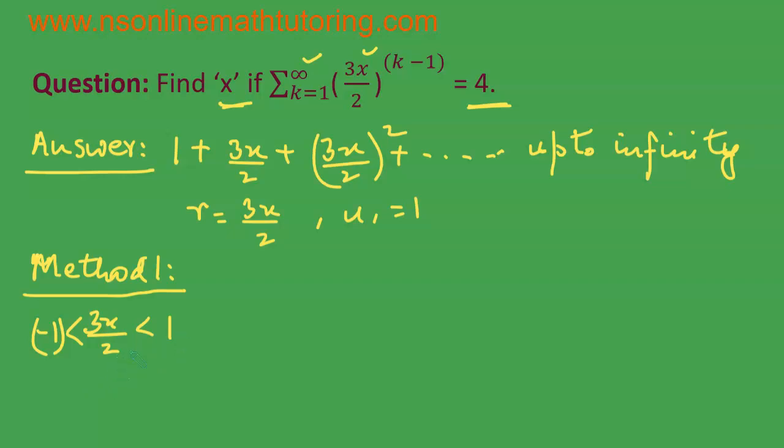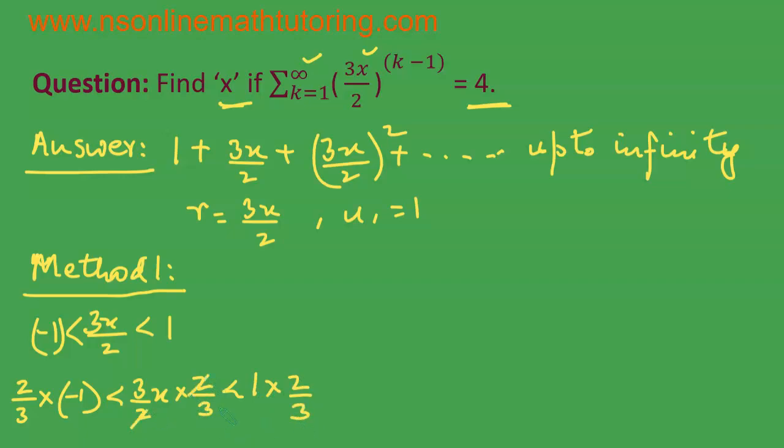Therefore, they try to get the value of x by multiplying all the three parts by 2 over 3. So, what do we get? 2 over 3 times negative 1 should be less than 3 over 2 times 2 over 3 should be less than 1 times 2 over 3.